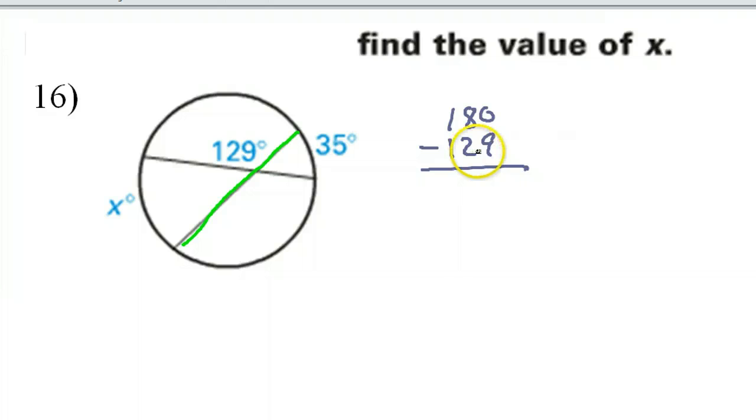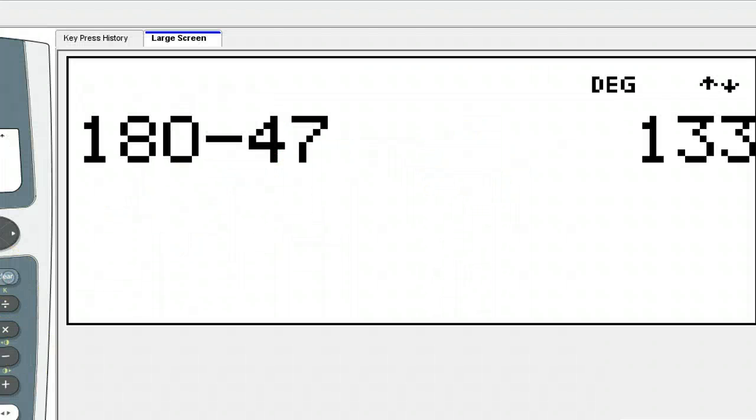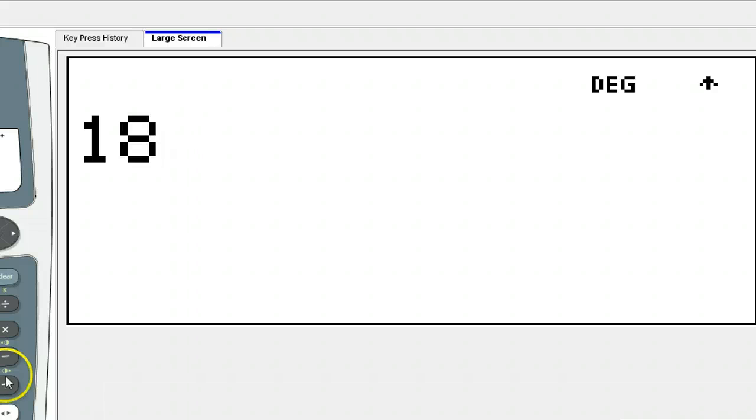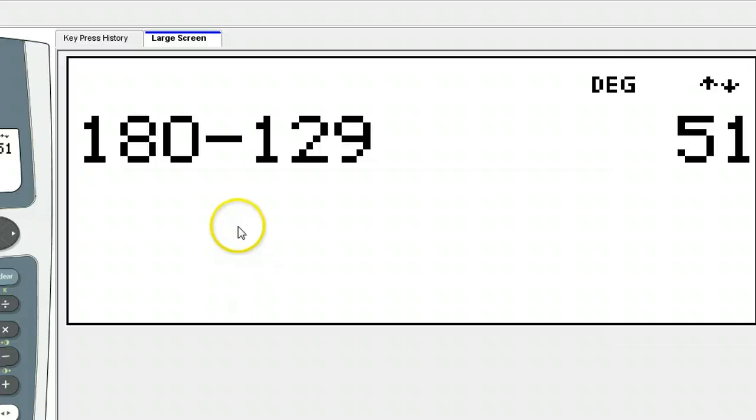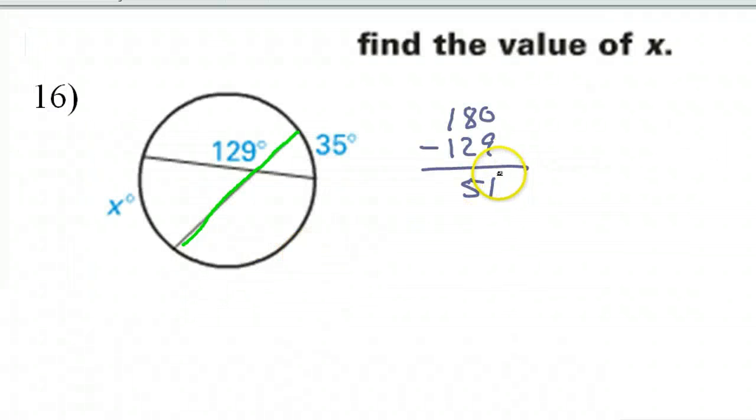So that's going to be, what, 51, I think? 51. So this angle over here is 51 degrees.